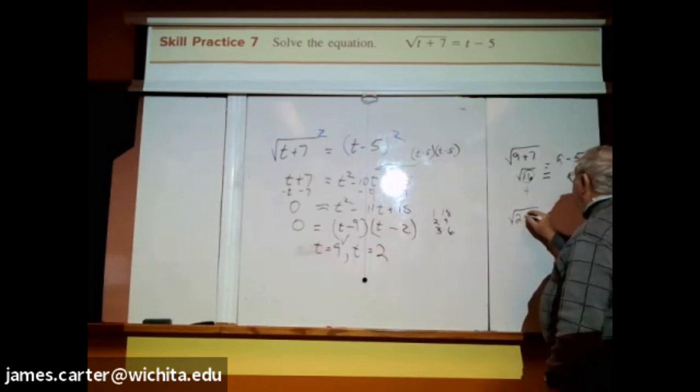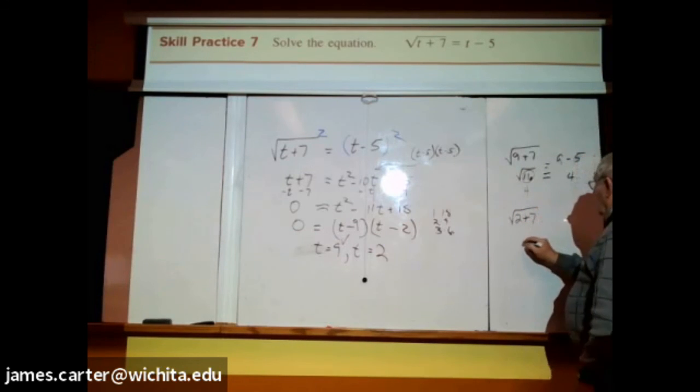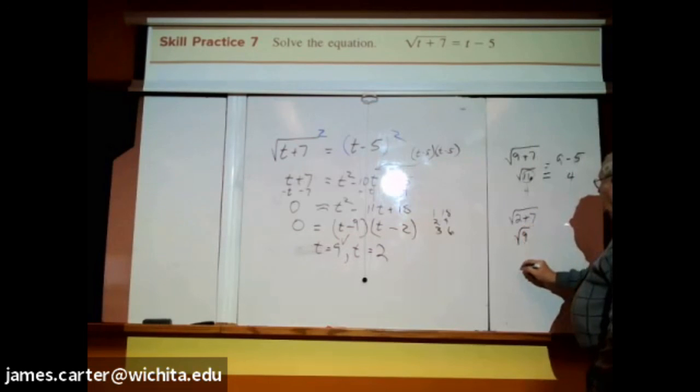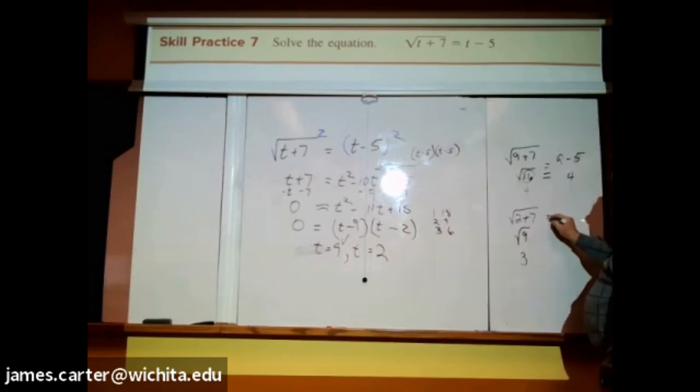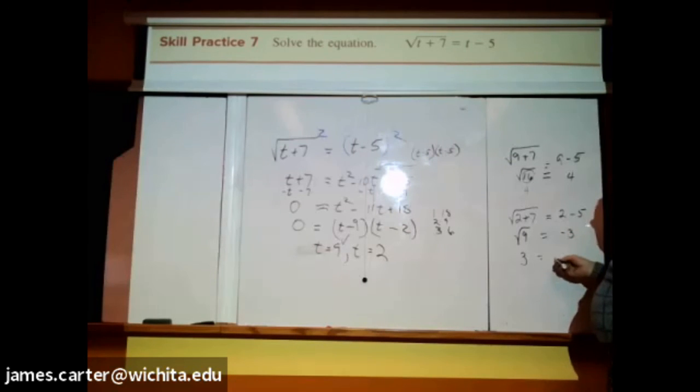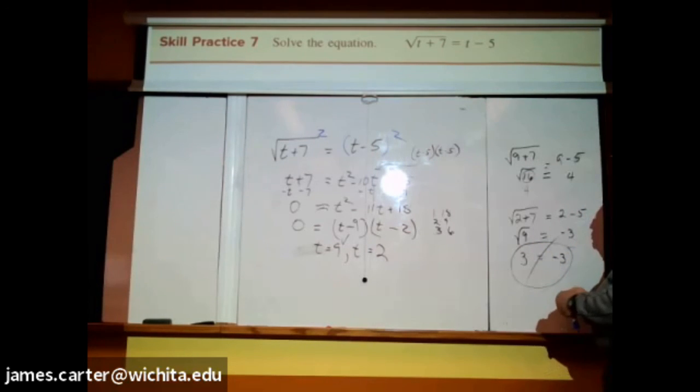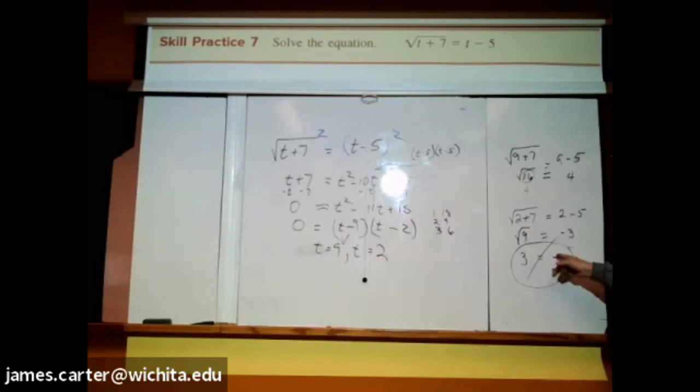Square root of 2 plus 7, which is square root of 9, which is 3. Over here, I get 2 minus 5, which is negative 3. So here I get an incorrect solution, because 3 can't be negative 3.